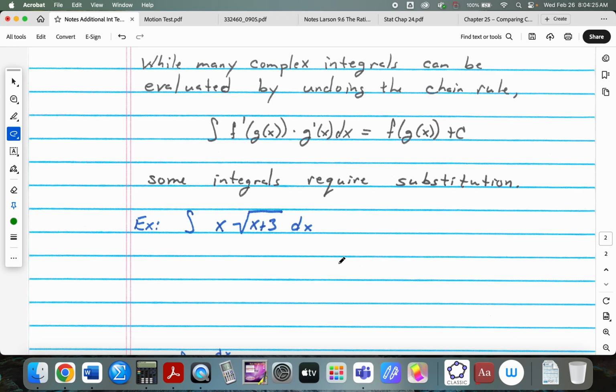There's a lot of times that you could do without doing the U substitution, where you could just undo the chain rule. And once upon a time, not all that long ago, every integral on the AP exam was one where you didn't have to do U substitution. You could, and sometimes it made it easier, but you never had to.